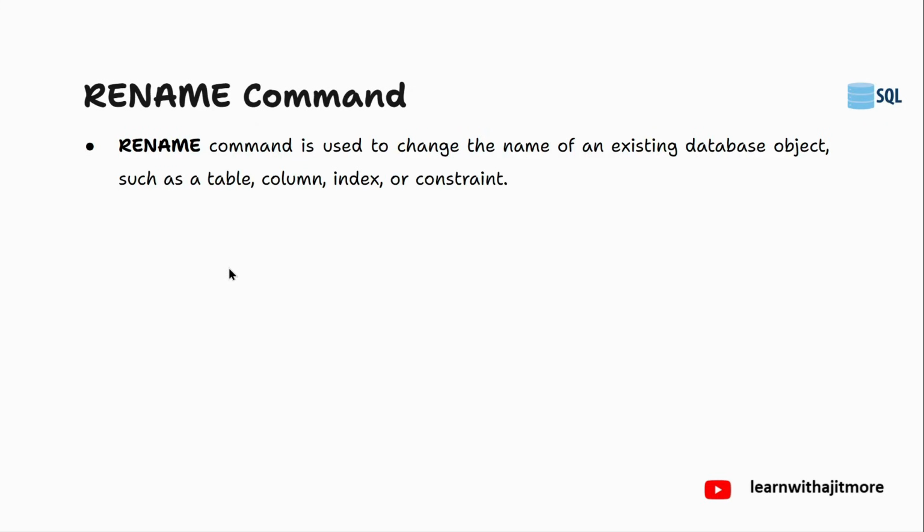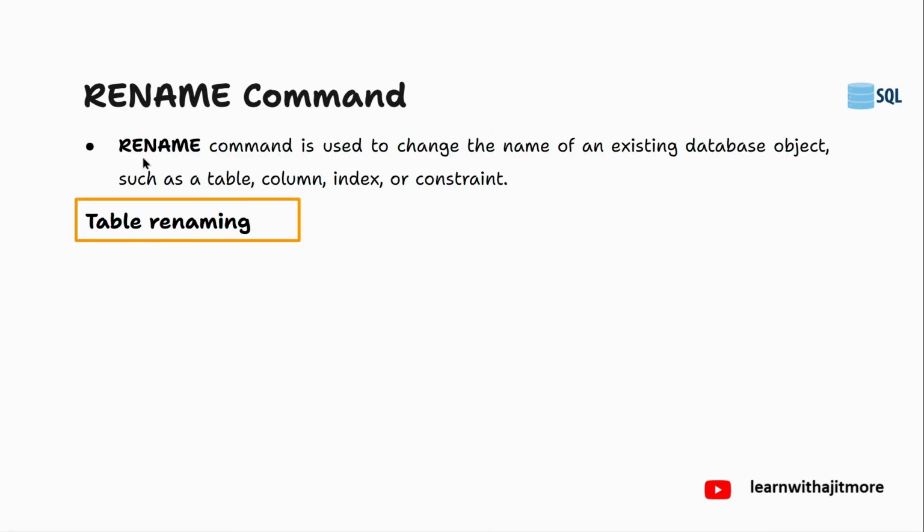Column name changing, we discussed yesterday, but again we are going to discuss it under this rename command. Index we haven't learned yet, no worries, but they're saying that you can change the name of an index as well. Now first we'll see how to rename a table.